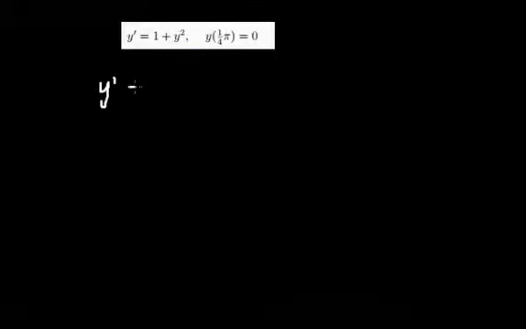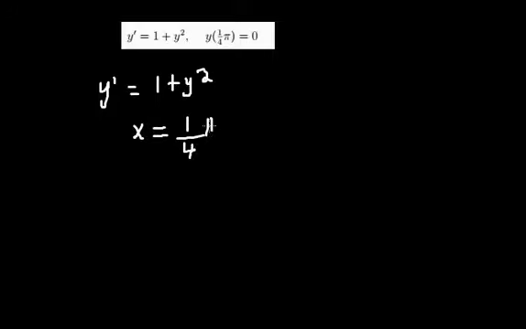You just have to introduce the initial value into it. From the initial value I can simply say that when x is equal to 1 over 4 pi, then y is equal to 0.